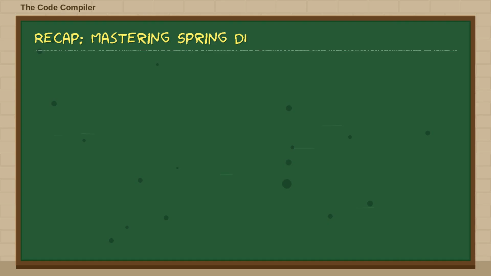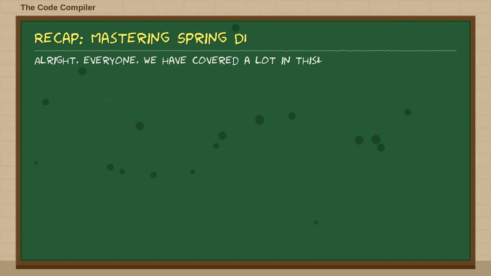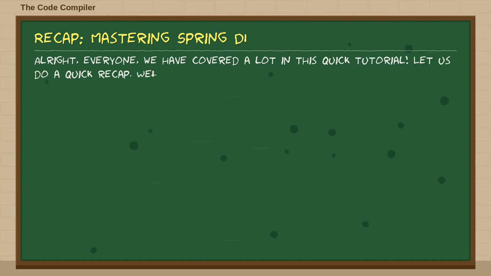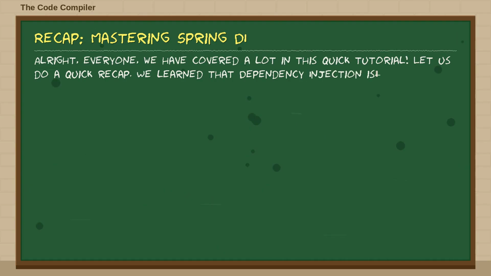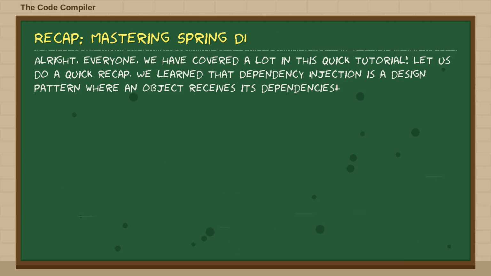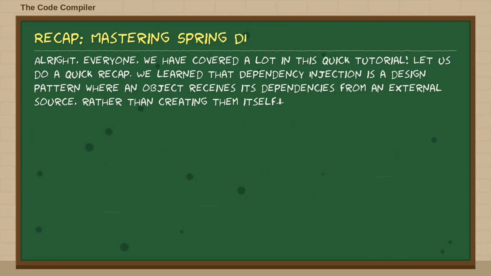Alright, everyone, we have covered a lot in this quick tutorial. Let us do a quick recap. We learned that dependency injection is a design pattern where an object receives its dependencies from an external source rather than creating them itself.